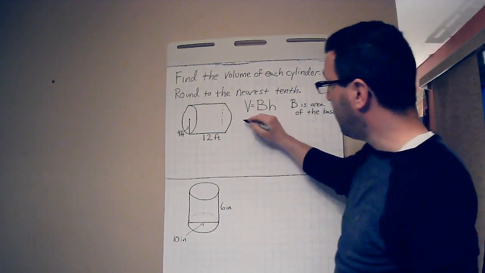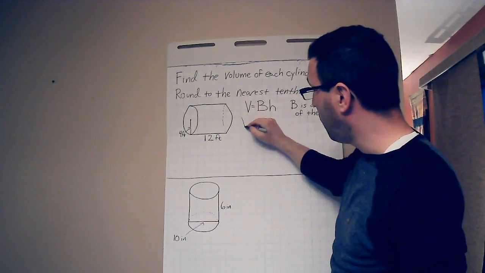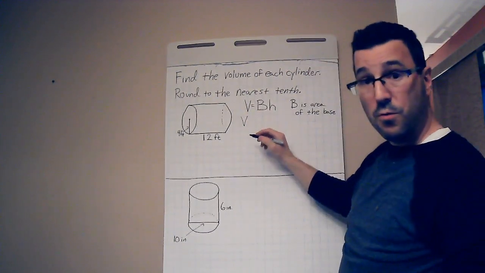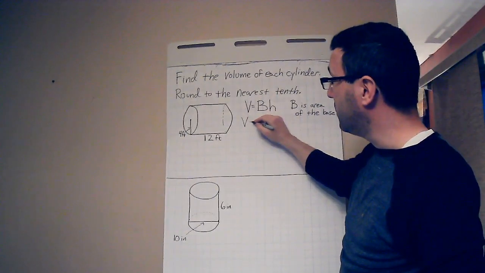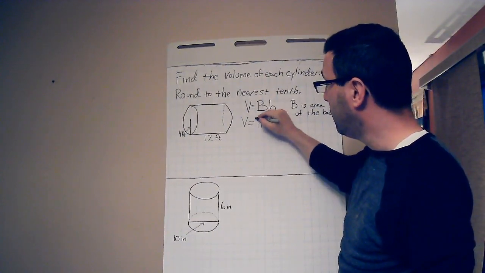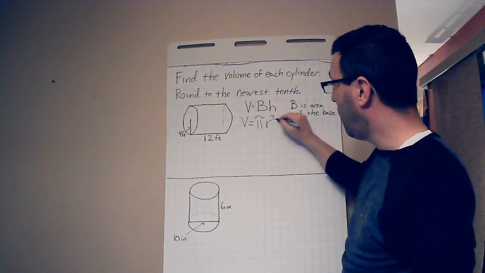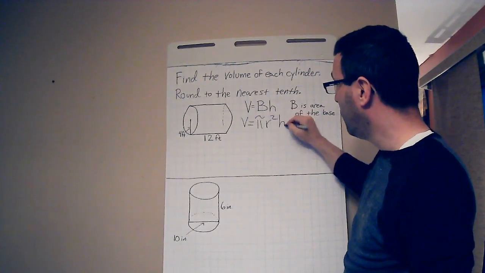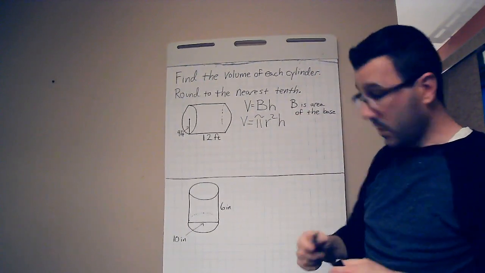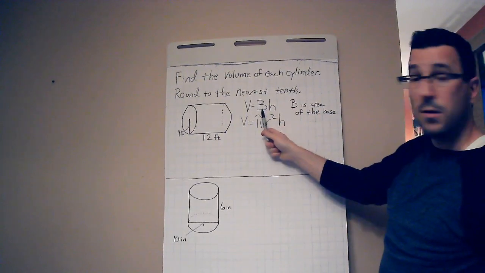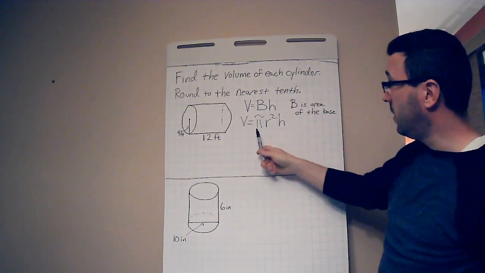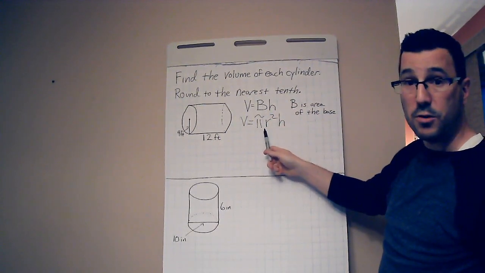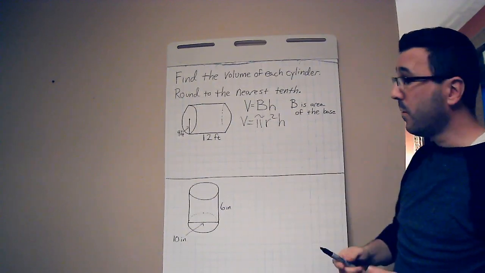So we're going to now switch that in here. So for our cylinder, the formula we're going to use is volume equals pi r squared h. Okay? Because the area of the base is the area formula for a circle, pi r squared. So we just substitute that in.